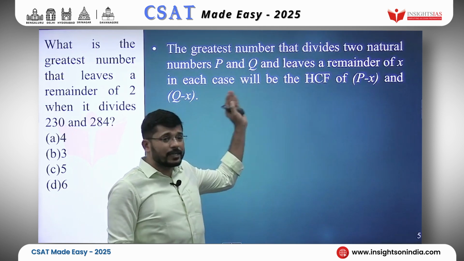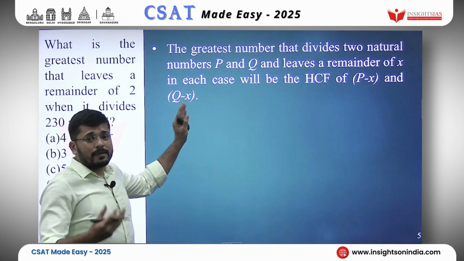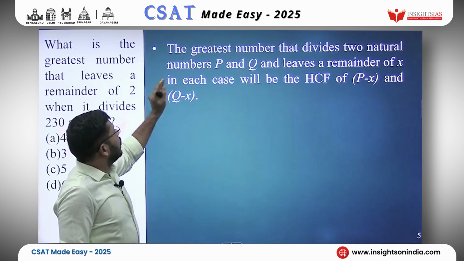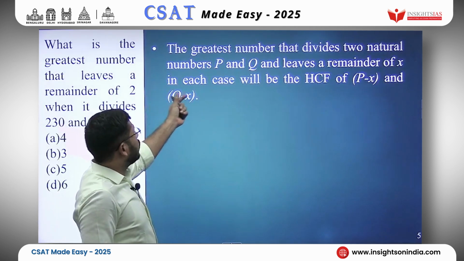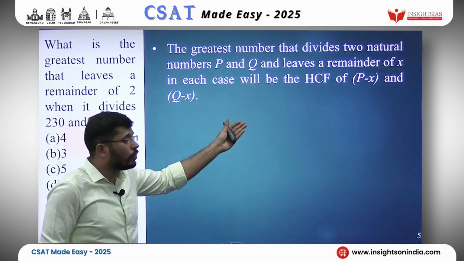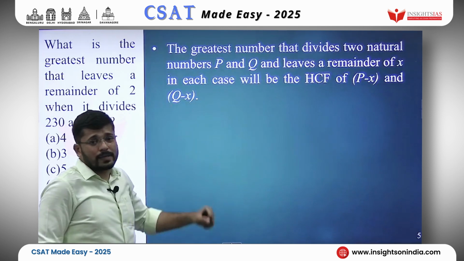Okay, read the concept here. The concept might look easier now. The greatest number that divides two natural numbers P and Q and leaves a remainder of x in each case will be the HCF of P minus x and Q minus x.